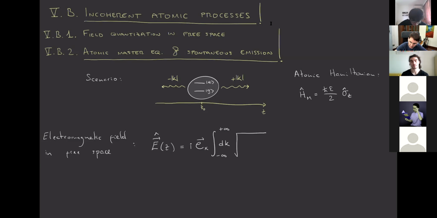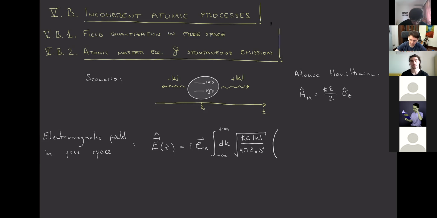Then we will have this normalization factor that we choose such that the energy matches the one of a collection of harmonic oscillators. It's actually the same that we already found inside the cavity, but parameterized by the wave vector instead of the frequency.